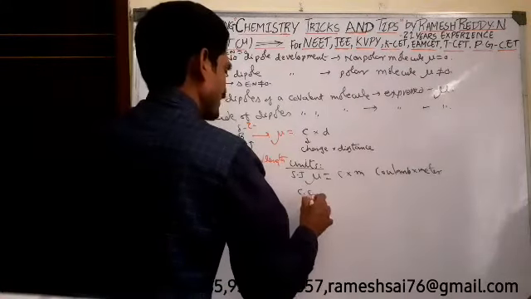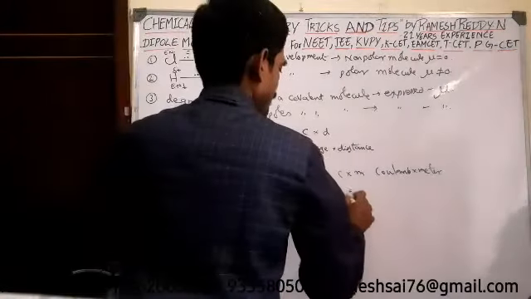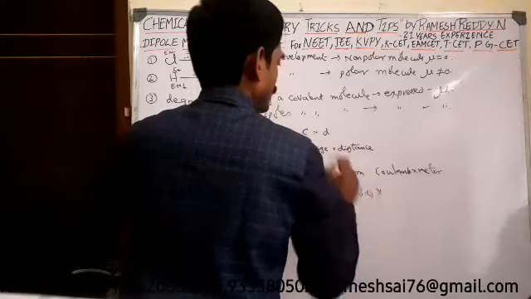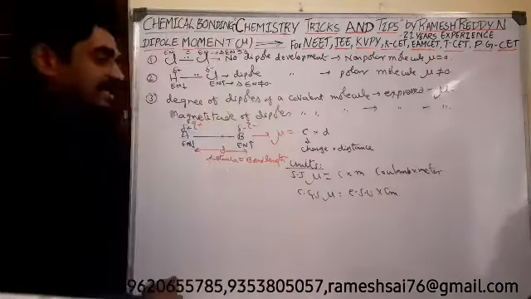In CGS units, charge is in electrostatic units, ESU, and distance is measured in centimeters, so ESU into centimeters.